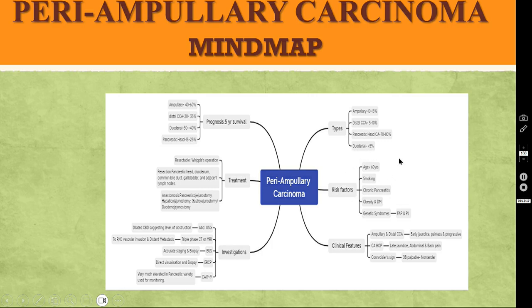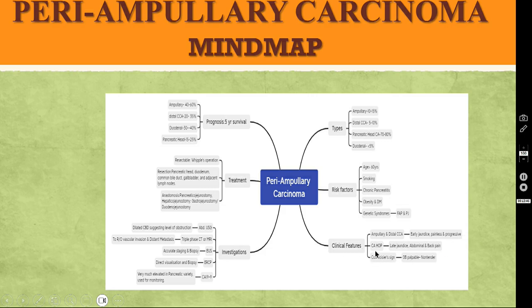Risk factors: elderly people more than 60 years, smokers, chronic pancreatitis, obesity and diabetes mellitus, genetic syndromes like FAP and Peutz-Jeghers syndrome. Clinical features: the ampullary and distal CCA varieties will present with early jaundice, painless and intermittent jaundice also.